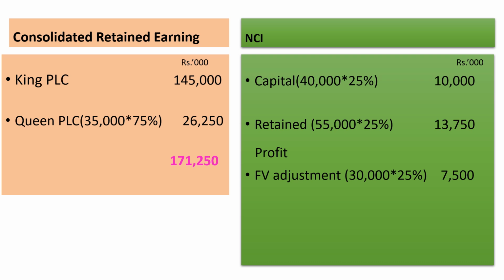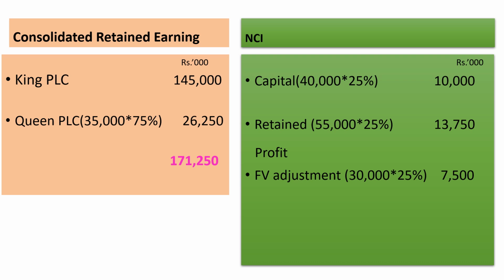So the fair value adjustment is 30,000 of the additional fair value into 25%, which means 7,500. Now you can see at the end of the balance sheet, we are going to take 25% of each of capital, retained earnings and fair value adjustment.